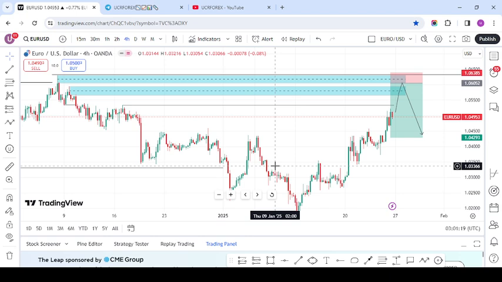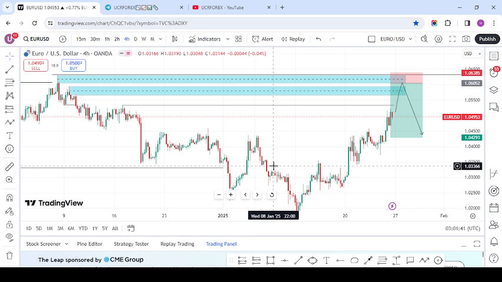We are now looking at how to reduce this so that we will not end up risking big. You see, two things are happening here. So it is either you use that GBP USD setup, or you wait for me to analyze the AUD USD and the NZD USD so that you will know the one to pick at the end of the whole day. You just have to pick one. You don't have to pick all of them. You get me now? So that is it.